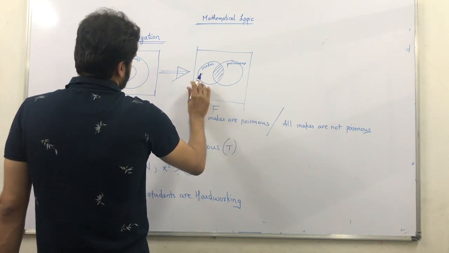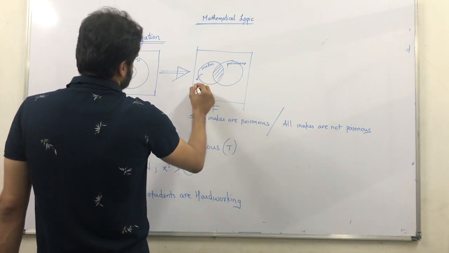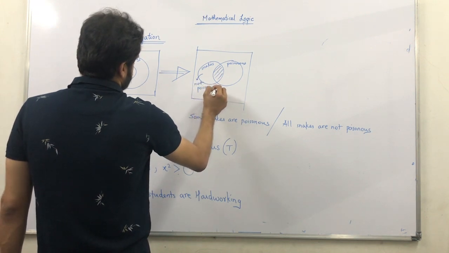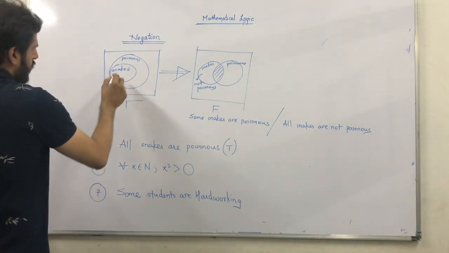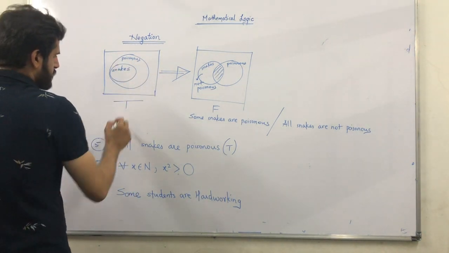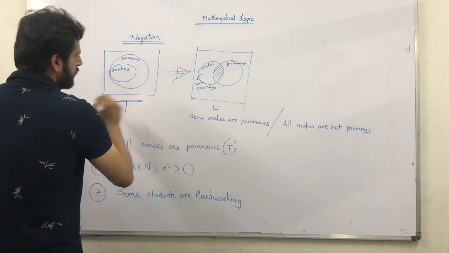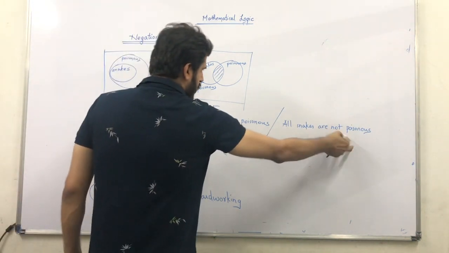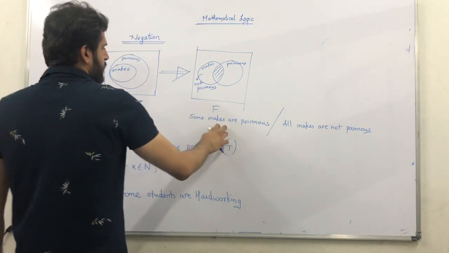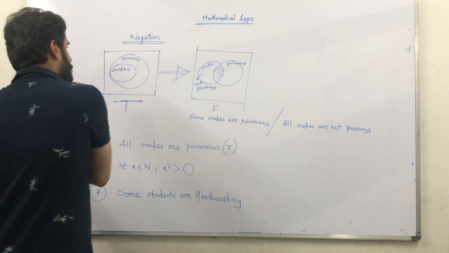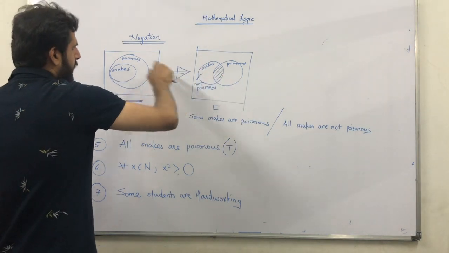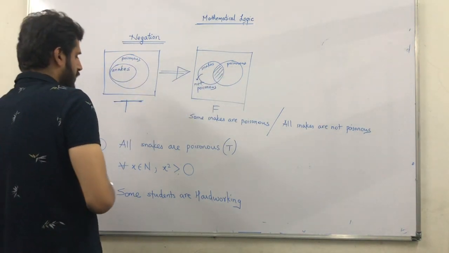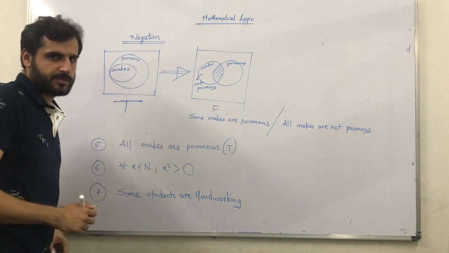Here we have snakes which are not poisonous. Here there is no such snake which is not poisonous. All snakes are taken as poisonous. So if I take this as a true statement, then all snakes are not poisonous. Some snakes are poisonous and some are not poisonous will become this. This will be the negation of the statement all snakes are poisonous, right?